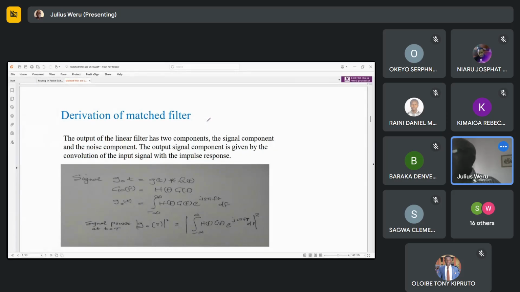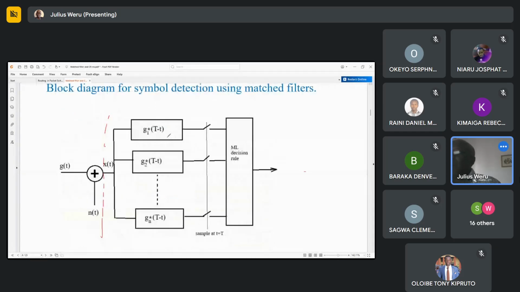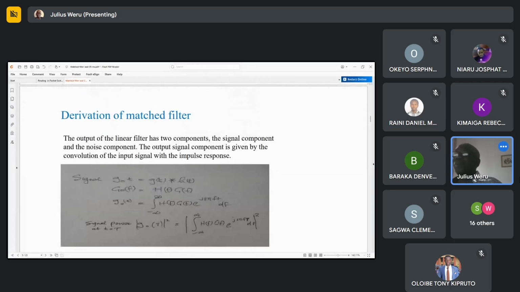Cauchy-Riemann is a different thing. That's what we're going to use to show that this will give you the maximum signal to noise ratio. So the output of the linear filter, of course, has two components.